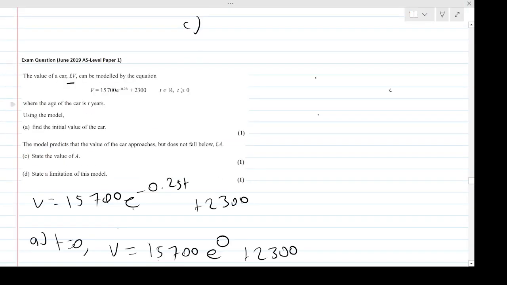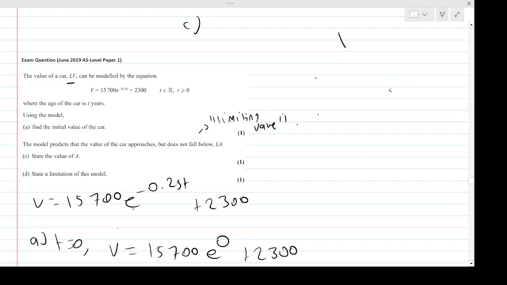We're told the model predicts that the value of the car approaches but does not fall below A. So set the value of A. This A is the limiting value. It's heavily hinting towards the asymptote. An exponential curve has an asymptote, right?